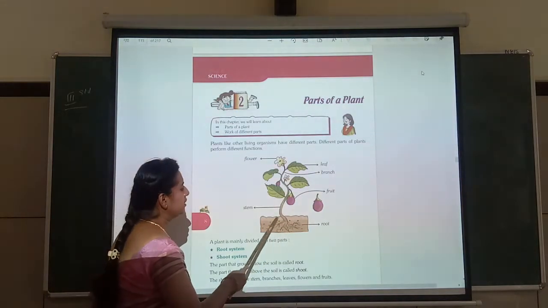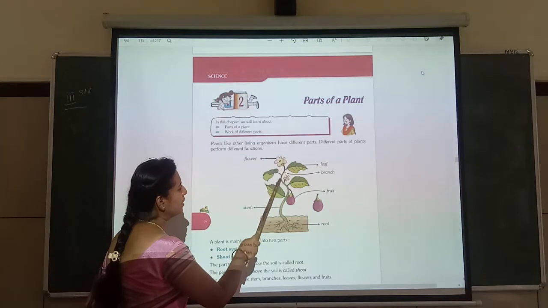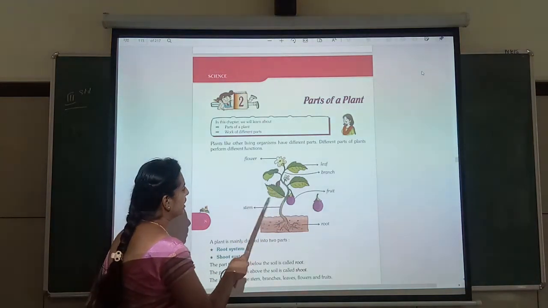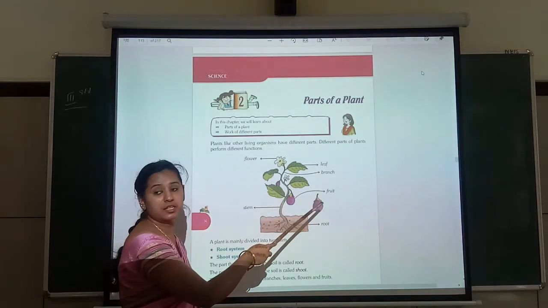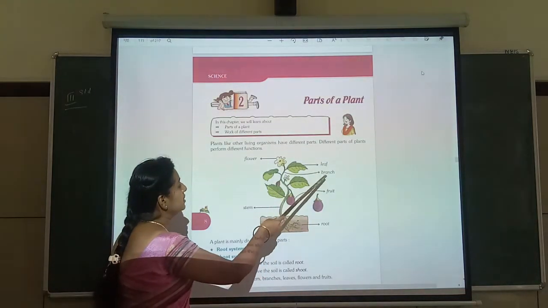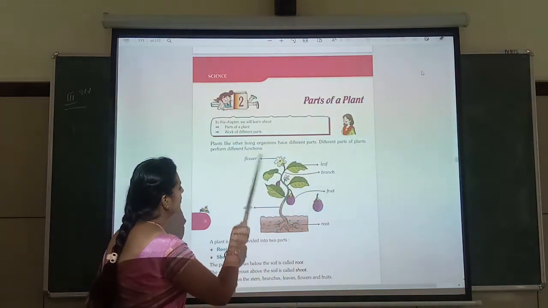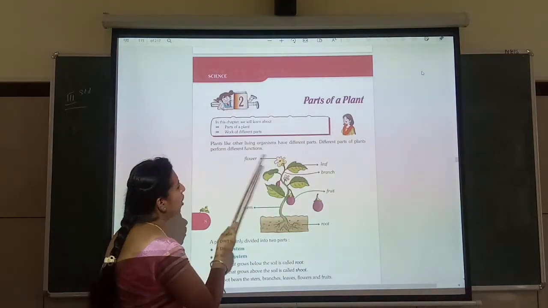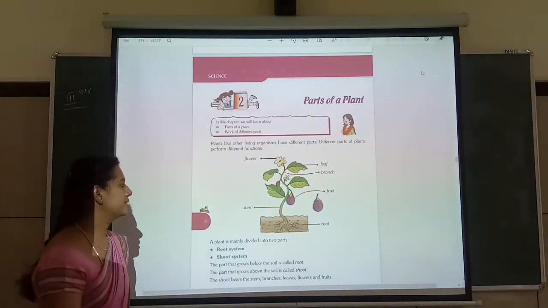You can see this is a root, this is a stem in the middle, and these are fruits and vegetables, and these are branches, leaves, flowers and stem. All these are parts of plants.